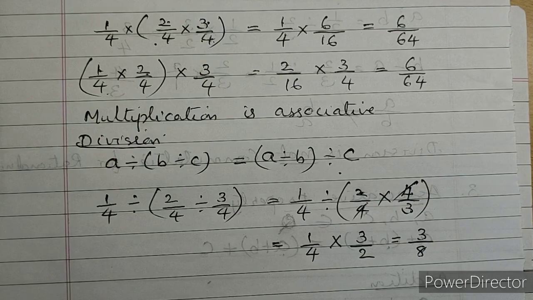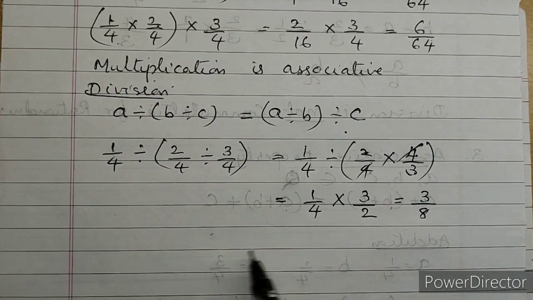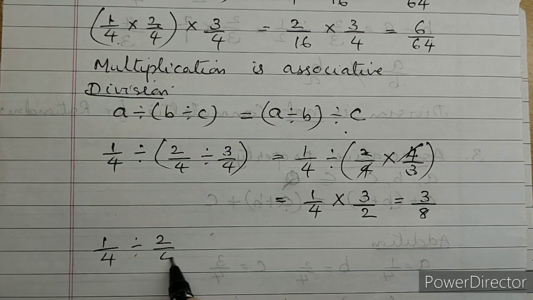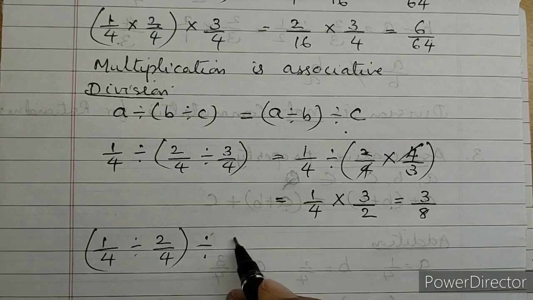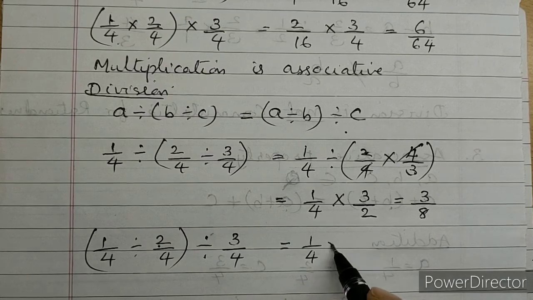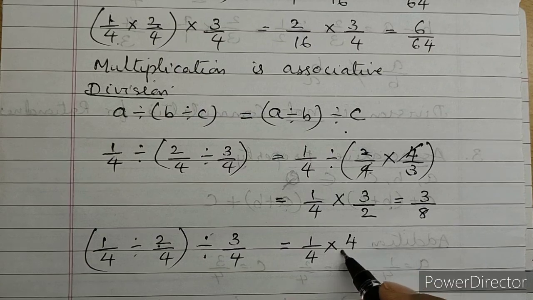Now we will check the right hand side. 1 by 4 divided by 2 by 4 in bracket, divided by 3 by 4, which is equal to, first do the bracket, that is 1 by 4 into, change the division to multiplication, take the reciprocal.